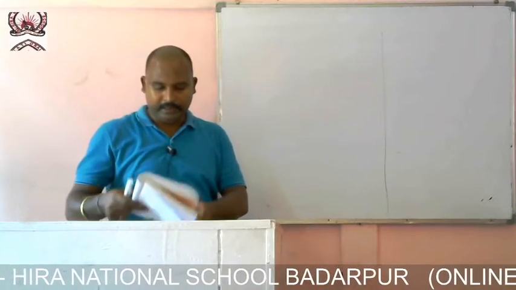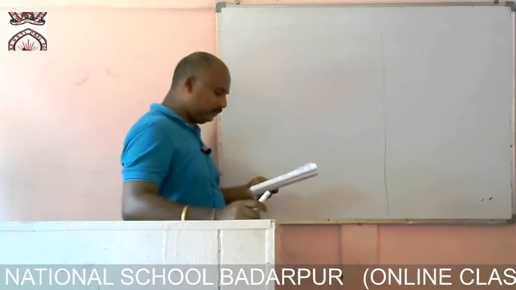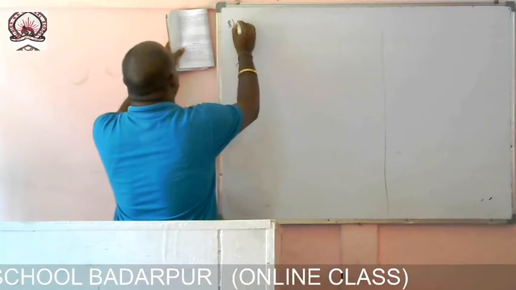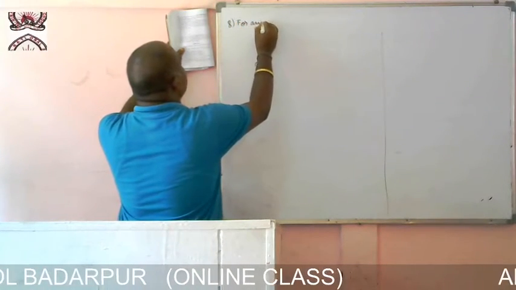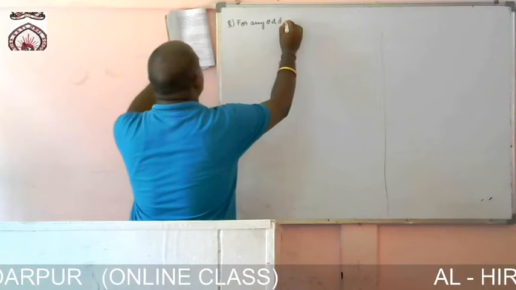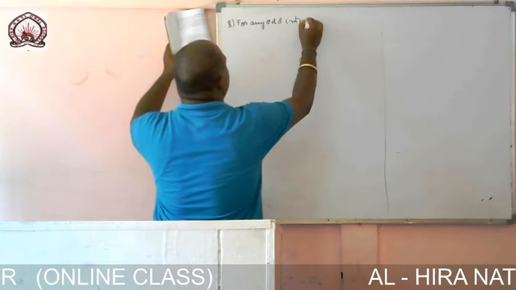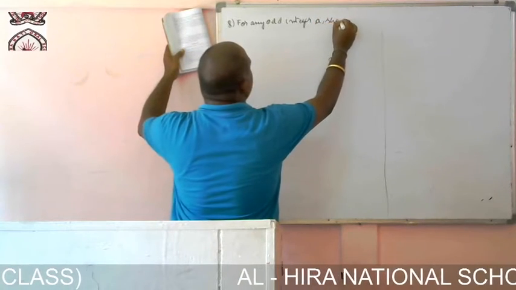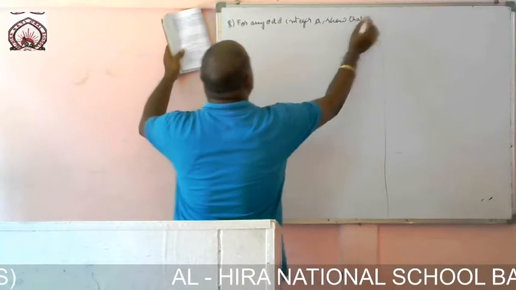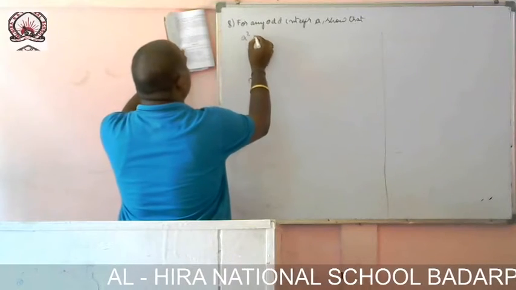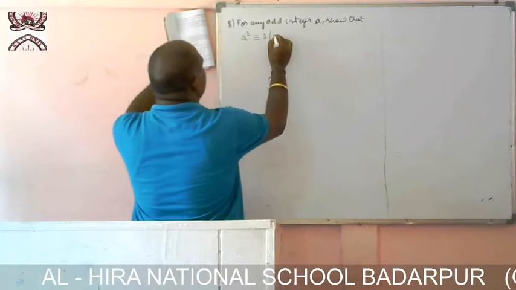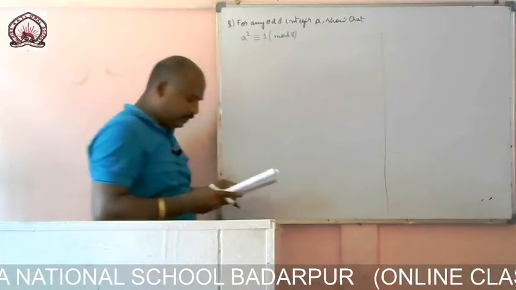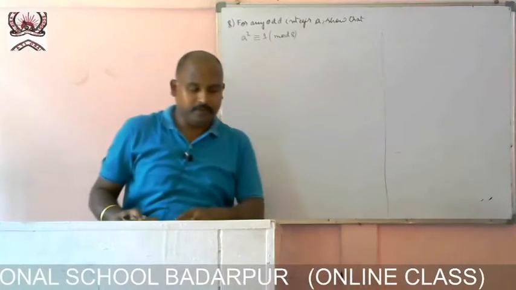For any odd integer a, show that a square is congruent to 1 mod 8. Okay. So a square is congruent to 1 mod 8.